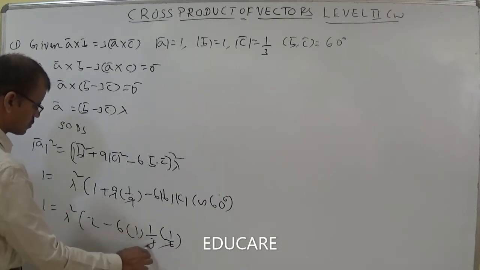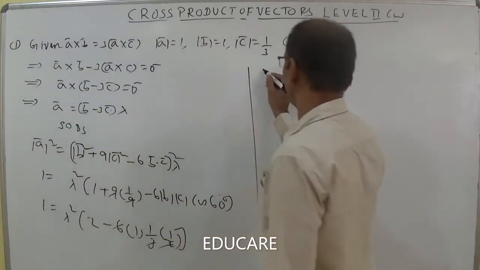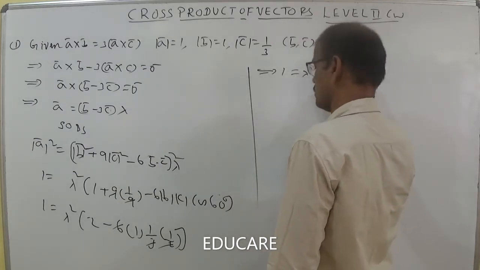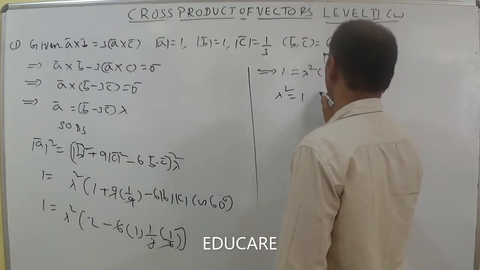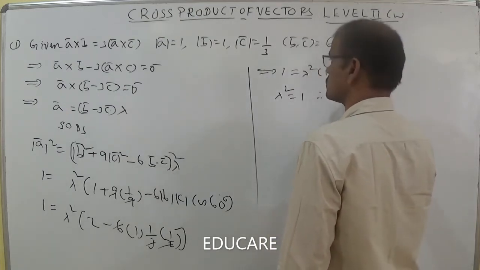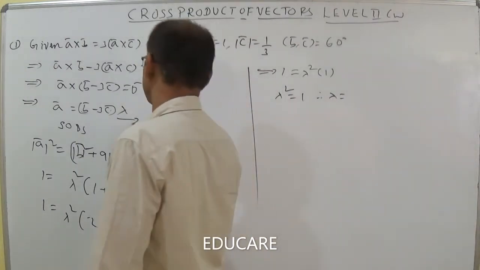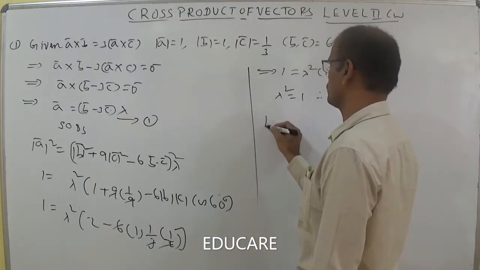The two 3s are 6 and get cancelled. 2 minus 1 becomes 1. So 1 is equal to lambda square into 1. So lambda square is equal to 1, lambda is equal to plus or minus 1. If we take positive, let it be the first equation: lambda is equal to 1.